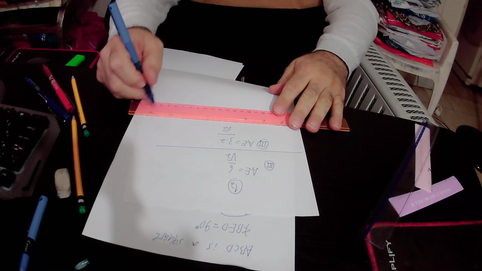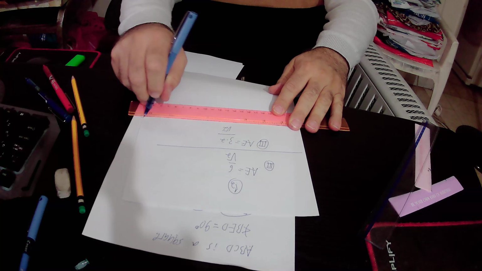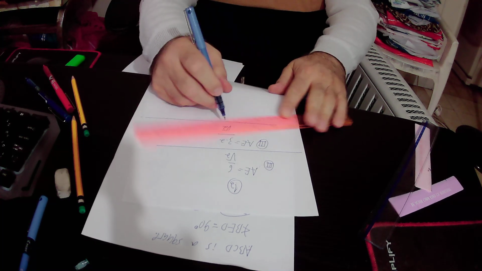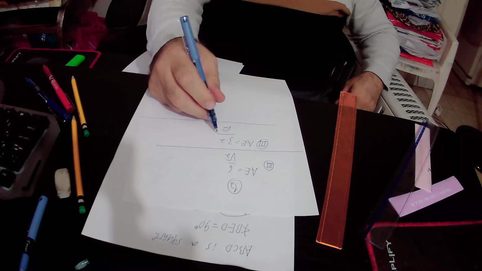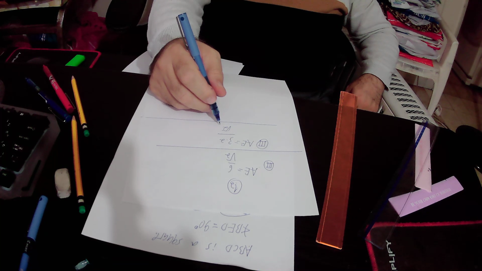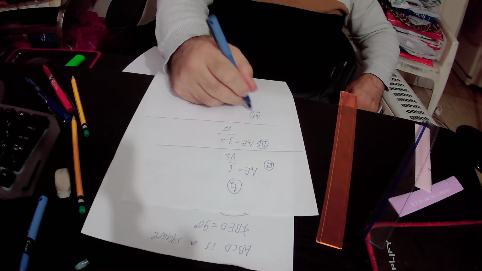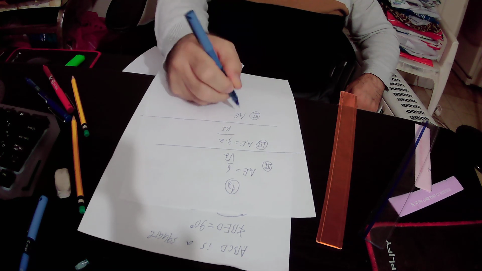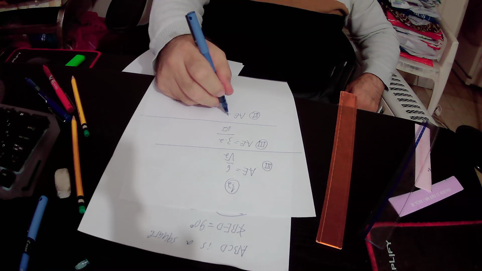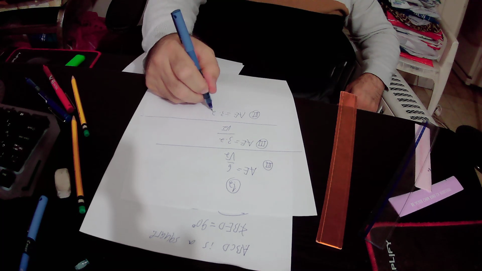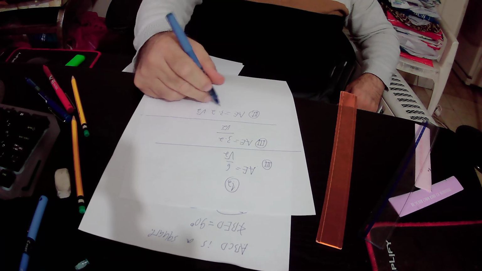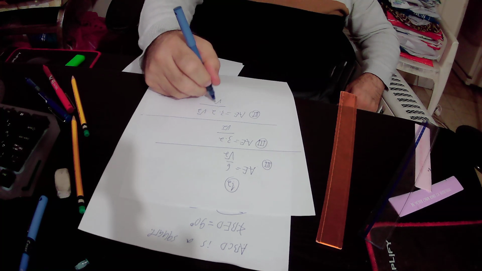So here we will multiply this expression by square root of 2, and then we will divide it by square root of 2, and we will get that AE equals 3 times 2 times square root of 2 over square root of 2 times square root of 2.